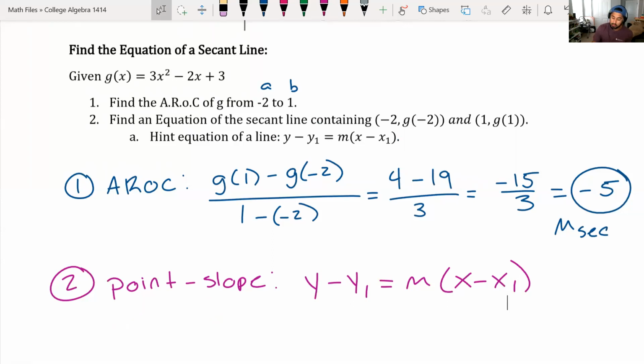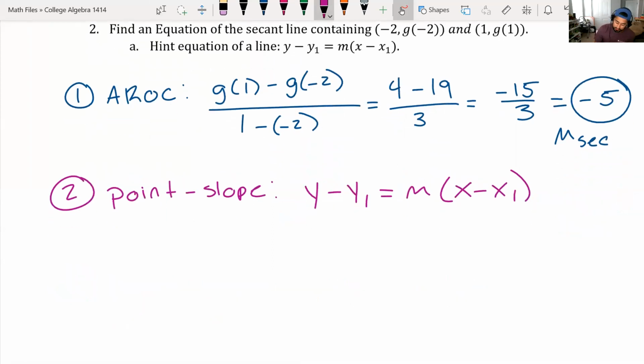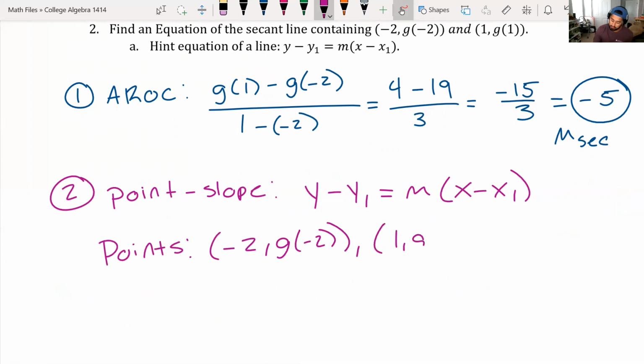So my points that were given are -2 and g of -2, and 1 and g of 1. And we only need 1 point, but we need these points to be complete. Did we find g of -2 and did we find g of 1 already?